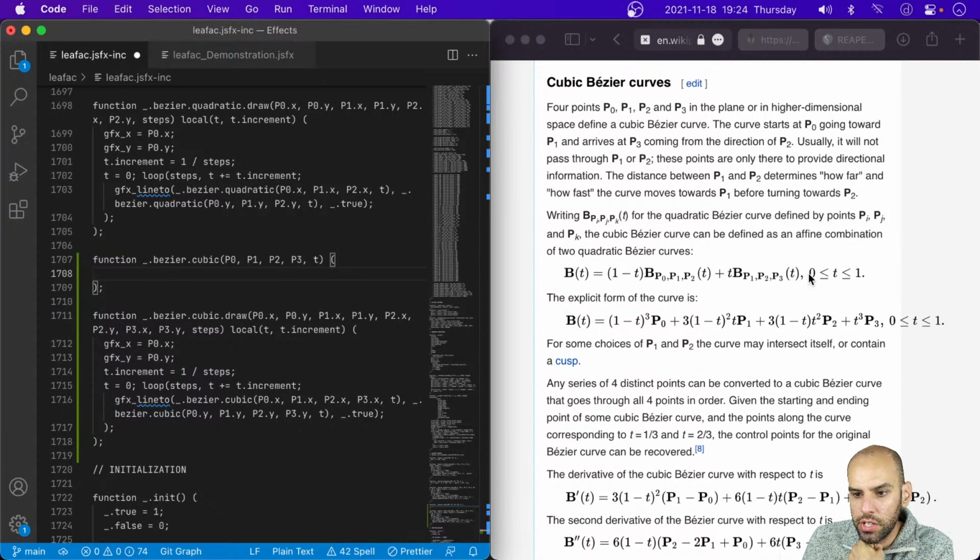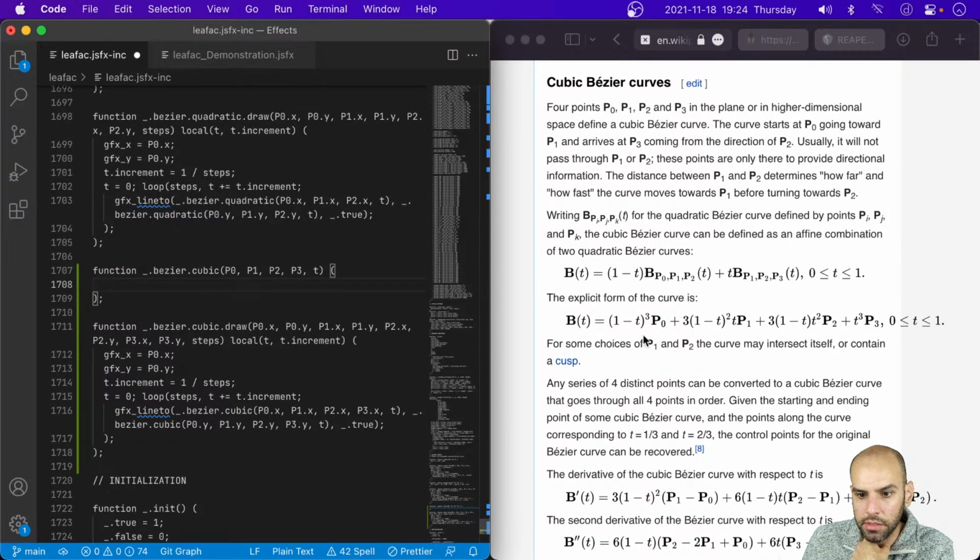So this flavor here is doing the recursive call. It is not recursive, but it's calling the B function for the quadratic with 3 points, or the explicit form. So we are going to use the explicit form and see there is a cube there. Great.